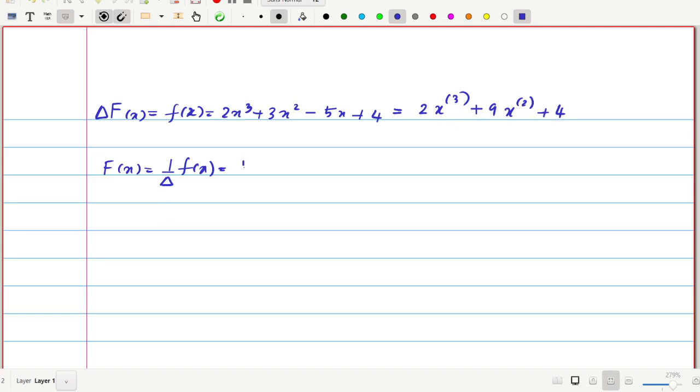So we need to apply this 1 by delta to 2x^(3) plus 1 by delta of 9x^(2) plus 1 by delta of 4.